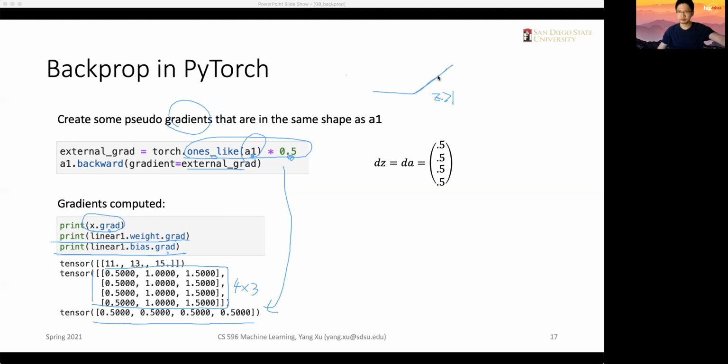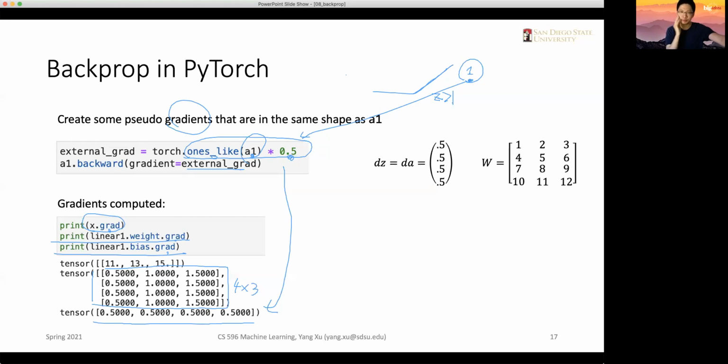So if you take the derivative of it, the derivative would be just 1, right? So 1 times the gradients of A will be basically the same value. That's why the DZs have the same values as DA1, which is 0.5.